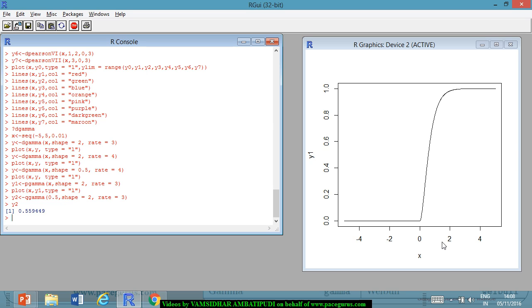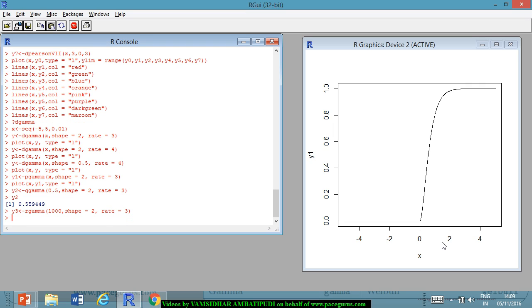And if I want some random set of values, y3, let's say I'm using rgamma, I want to generate some 1000 numbers with shape equal to 2 and rate equal to 3. So this is like data is generated now. I have 1000 elements which are following a gamma distribution with a shape of 2 and a rate of 3.